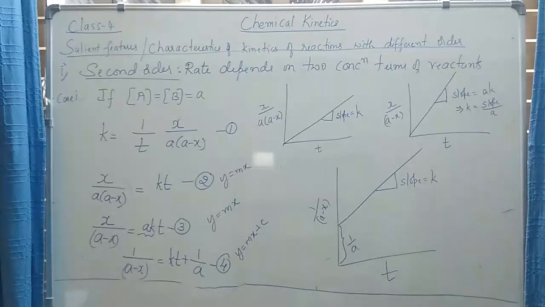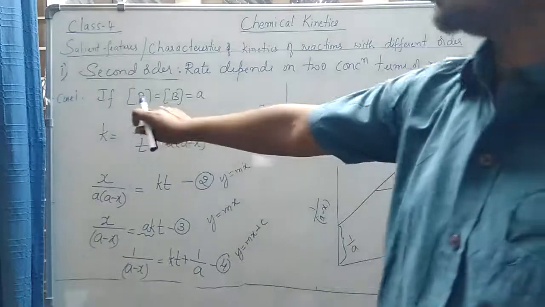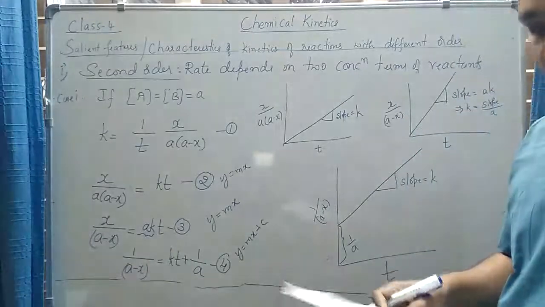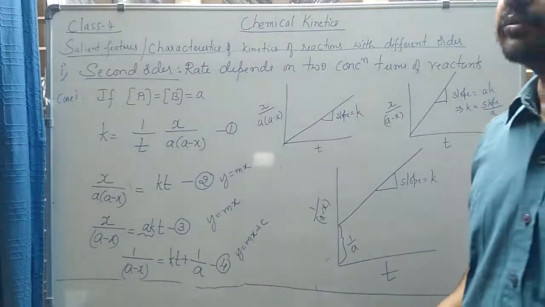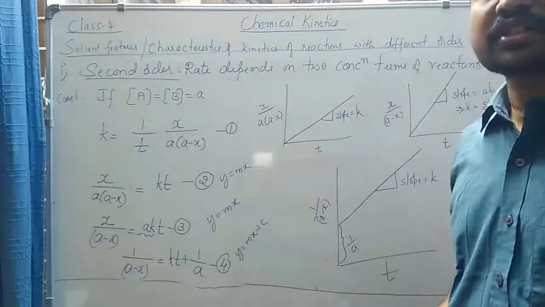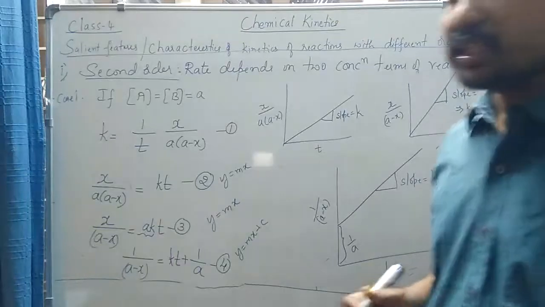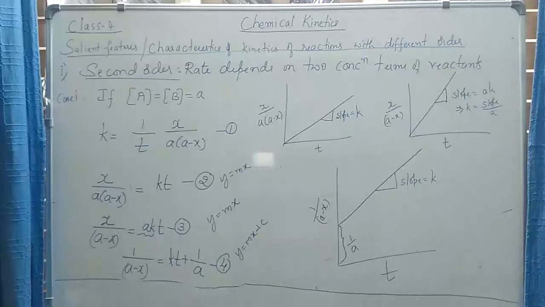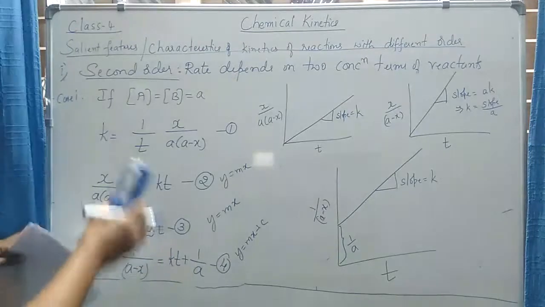Now this is the reaction of the first type, where concentration of A is equal to concentration of B, that is, concentration of both the reactants are the same. What happens if the concentration of both the reactants are different?